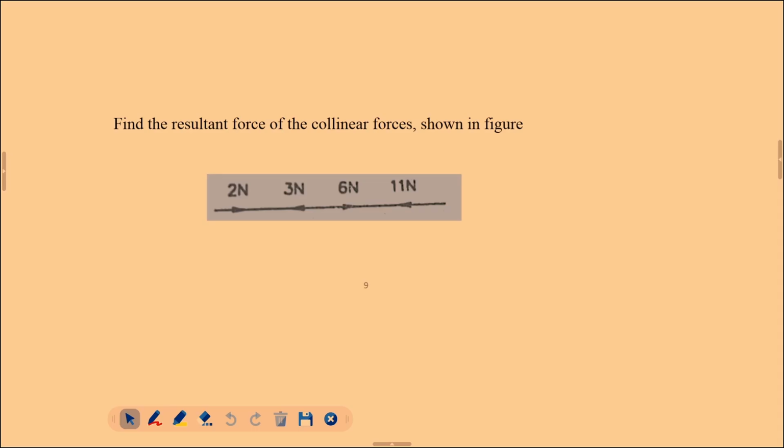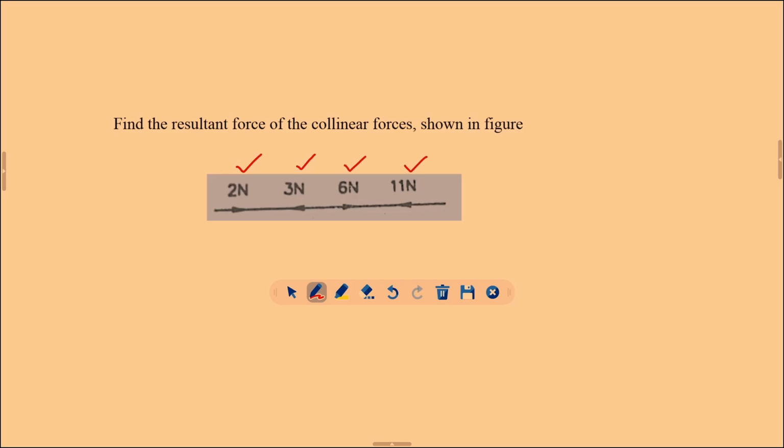Here 2 Newton is acting left to right, the second force 3 Newton is acting from right to left, the third force 6 Newton is acting from left to right, and the fourth, 11 Newton, is acting from right to left. So how to find it?